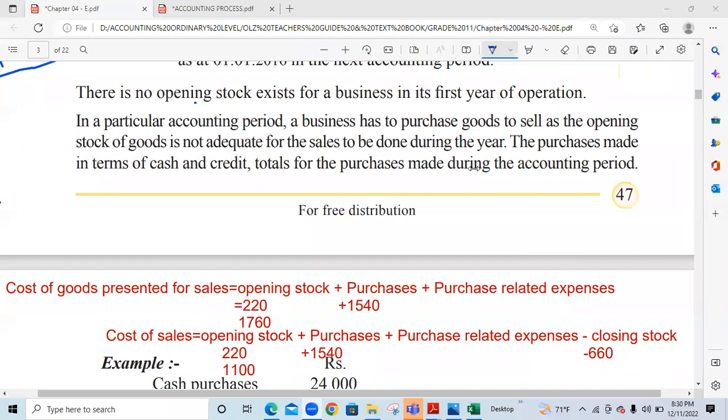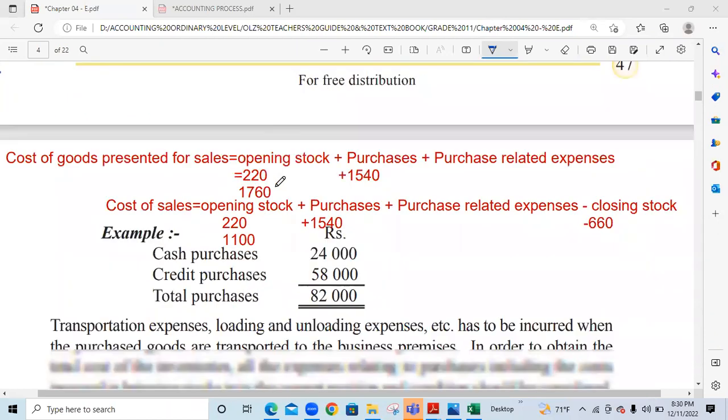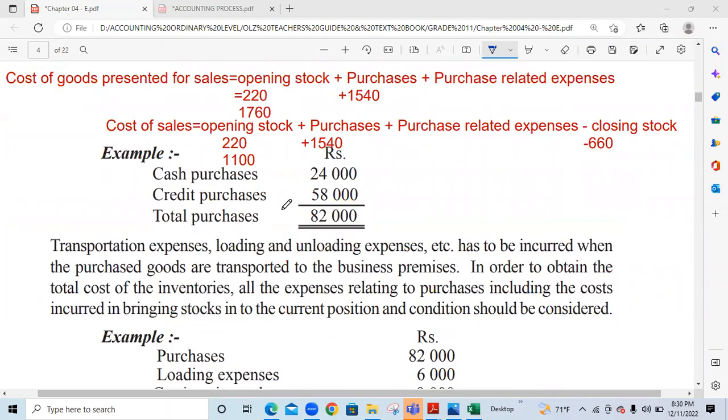All three terms, inventory, goods, and stock, have the same meaning, and all three are current assets. Now you know purchase is the total of cash purchase plus credit purchase. Below that, write another question.